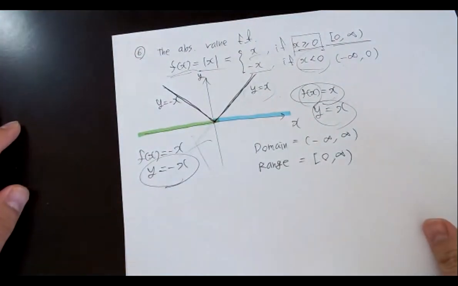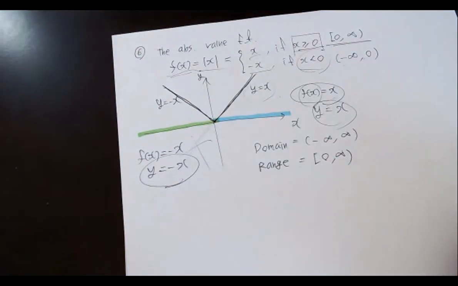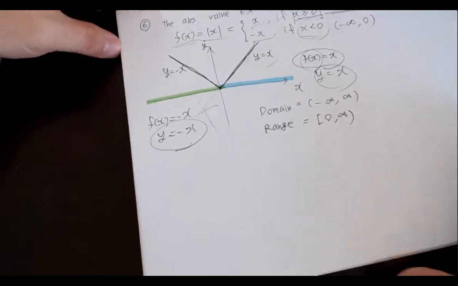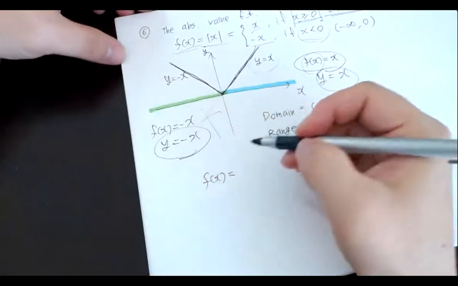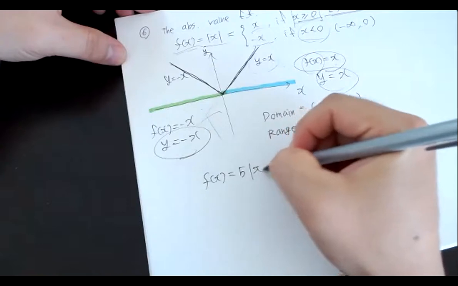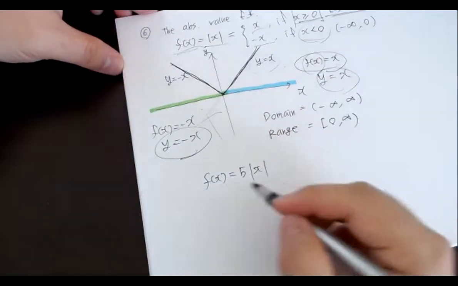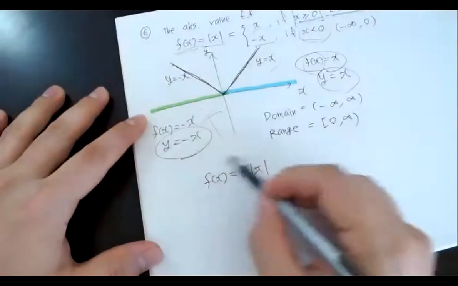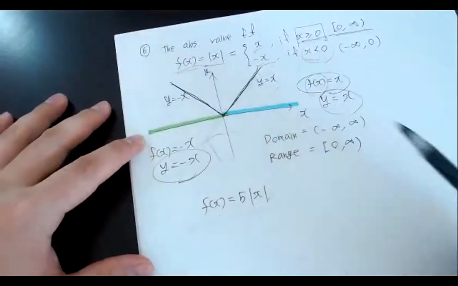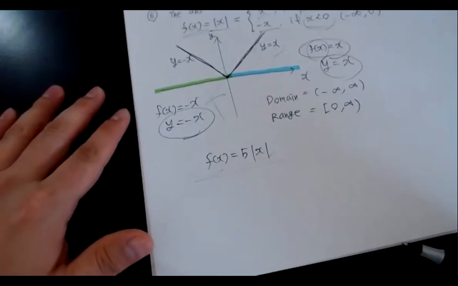Okay. But here's a question. You may be wondering, what about f of x equals, maybe just 5 times the absolute value of x? What does the graph of this look like? This is what we're gonna learn in 2.3. This is one of the family members of the absolute value functions.